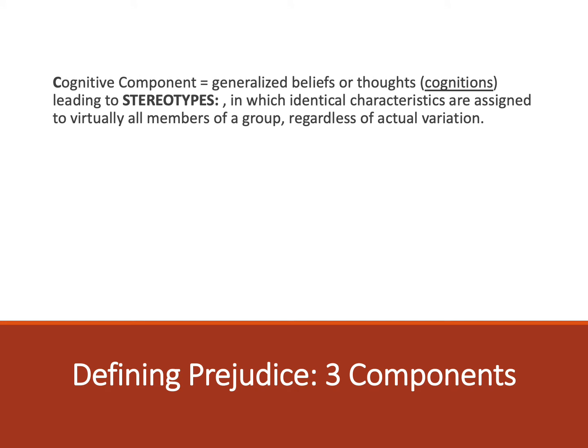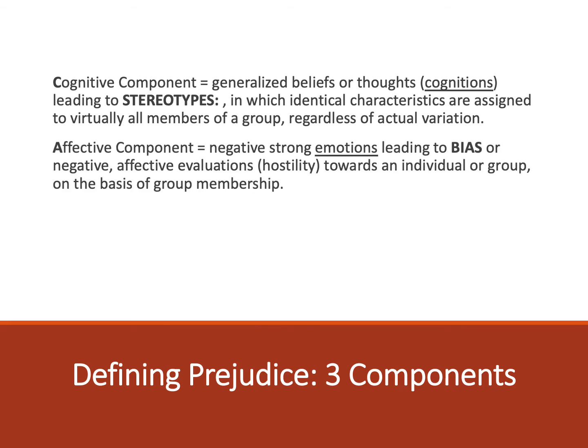Thoughts, right? So the cognitive component is the generalized beliefs or thoughts leading to stereotypes. Those are when identical characteristics are assigned to virtually all members of a group, regardless of actual variation within the group. Everyone gets labeled the same way. Everyone gets stereotyped the same way, okay? So that's the cognitive component of an attitude.